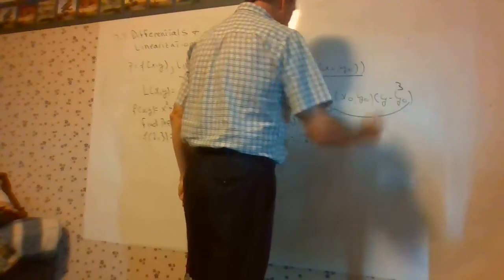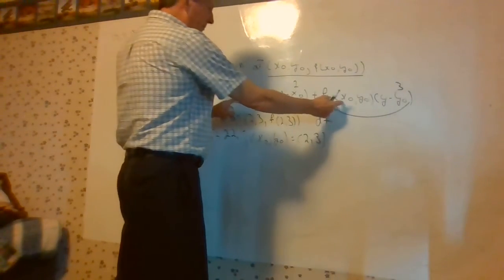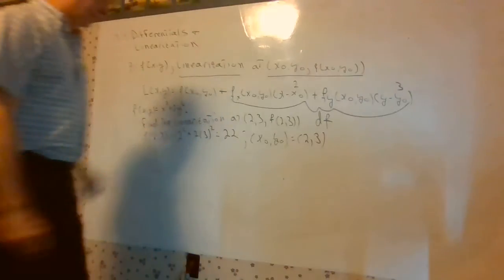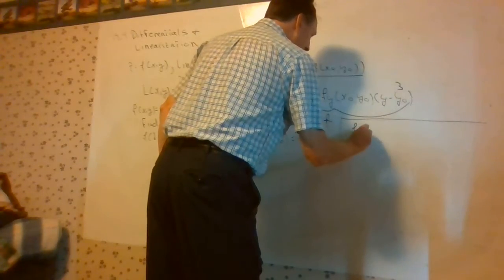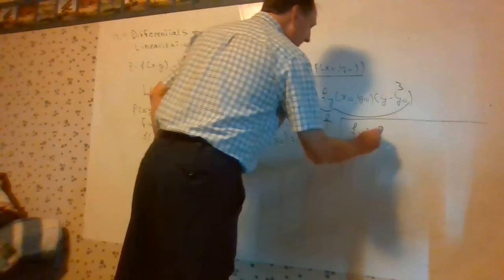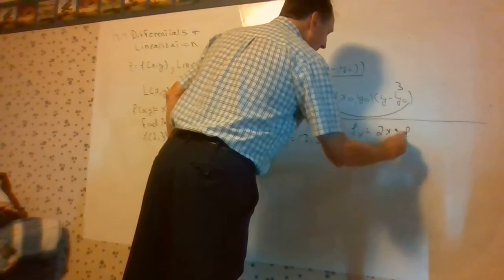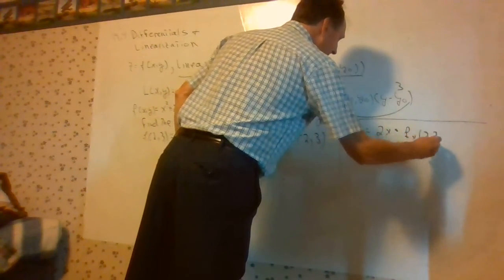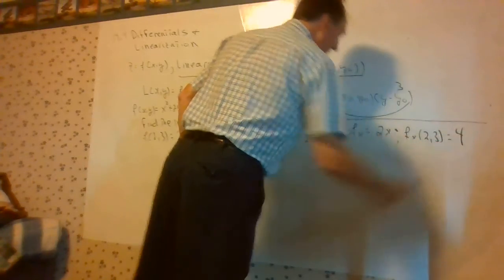That gives us a lot. A 2 goes in here and a 3 goes in here. And now we have to find these coefficients by finding partial derivatives. Let me find the partial derivatives over here. f sub x is equal to 2x. f sub x at 2, 3 is simply 4.